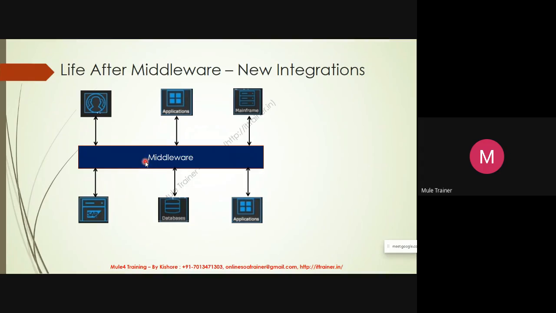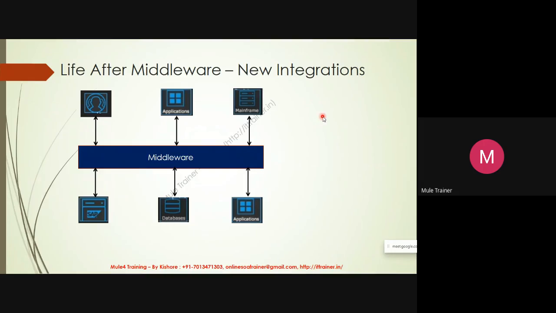Okay. So this is the new way of integrating the systems with the help of middleware. Even if any new system comes into the picture and needs to do integrations with the other systems, we already have developed integrations here.